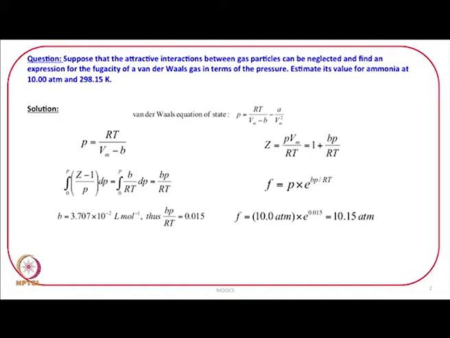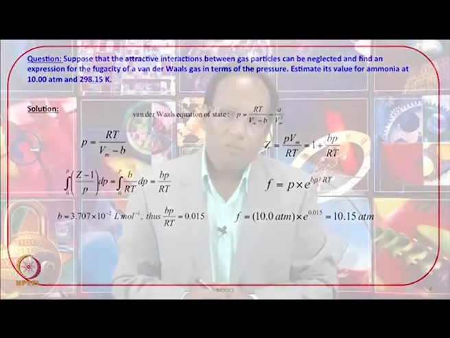And this is what we were expecting, because the attractive interactions between the gas particles are being neglected. We are only accounting for repulsion. Repulsion means the molecules will tend to repel each other, and therefore, the escaping tendency of the gas molecules will be more.